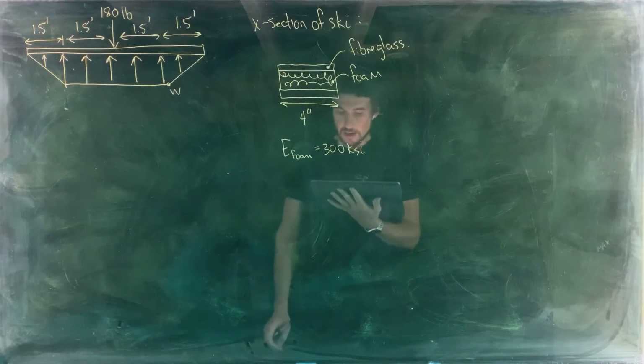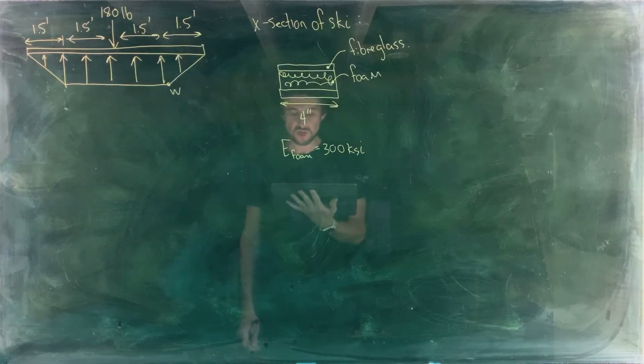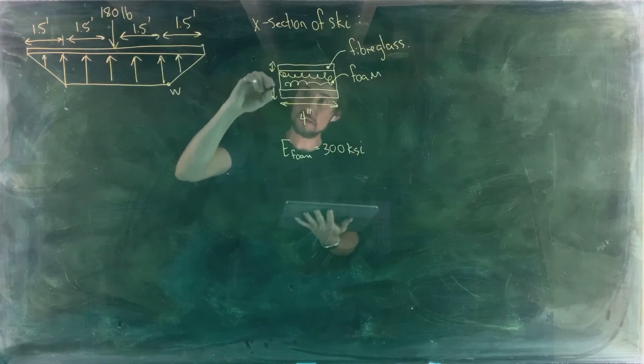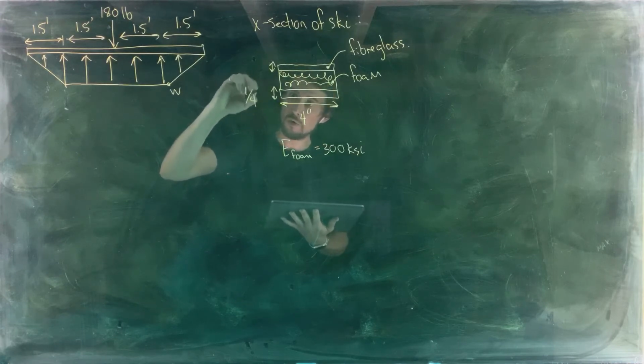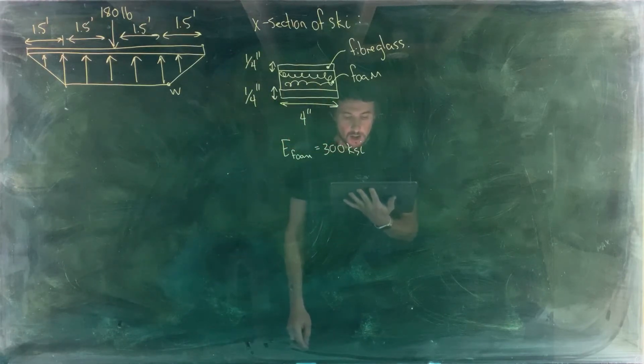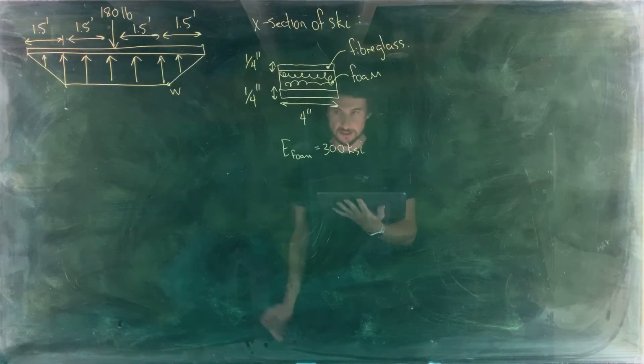The ski has a foam core sandwiched between two 1/4-inch thick fiberglass sheets. So each one of these is 1/4 inch in thickness. The fiberglass has a modulus of 16 times 10 to the 3 KSI and ultimate strength of 20 KSI.